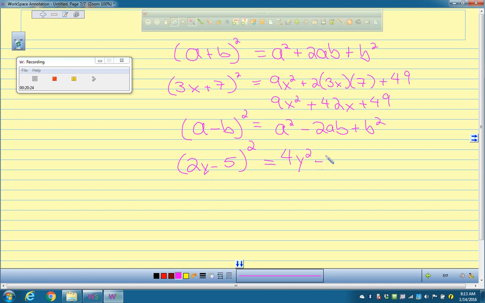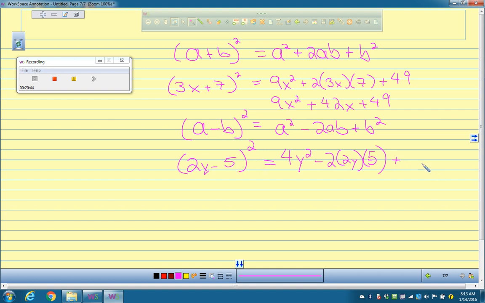I could have multiplied 2 times the first thing times the last thing, which was 5. Minus, yeah, good. This number, you don't put a minus in front of it. You just put the 5 there.